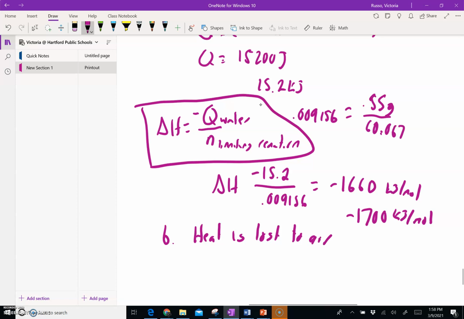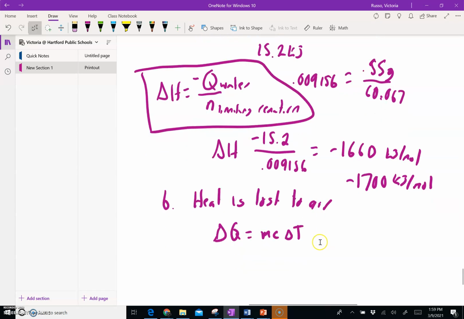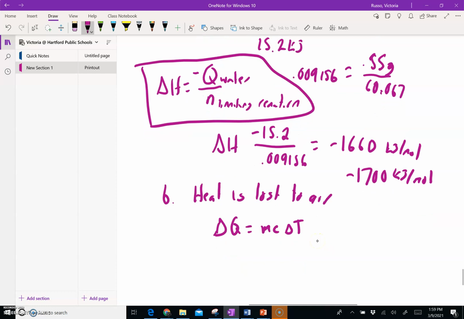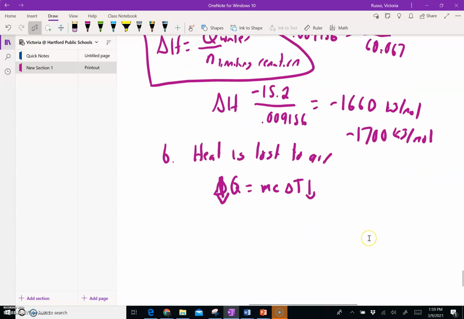So how does that affect the equations? Well, if we started off with Q equals MC delta T, if heat is lost to the air, the change in temperature will be too low, which will make Q too low. Again, because some of the heat is not going into the water, so it's not heating it up. Instead, it's being lost to the air.